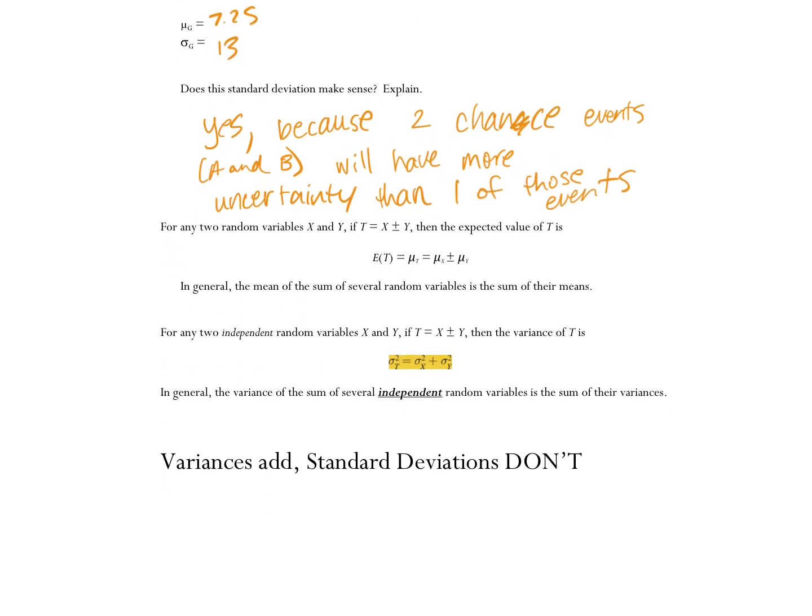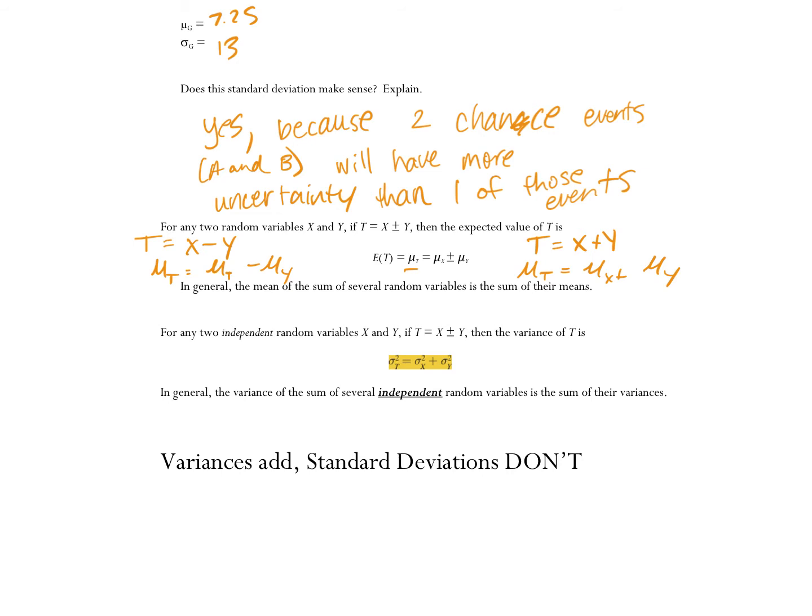So, general rules of thumb: if I have a total distribution equaling x plus y, then the mean of that total is going to be the mean of x plus the mean of y. Whereas if that total distribution is x minus y, then the mean of the t will be the mean of x minus the mean of y. And for the means, you can follow your intuition all you want.